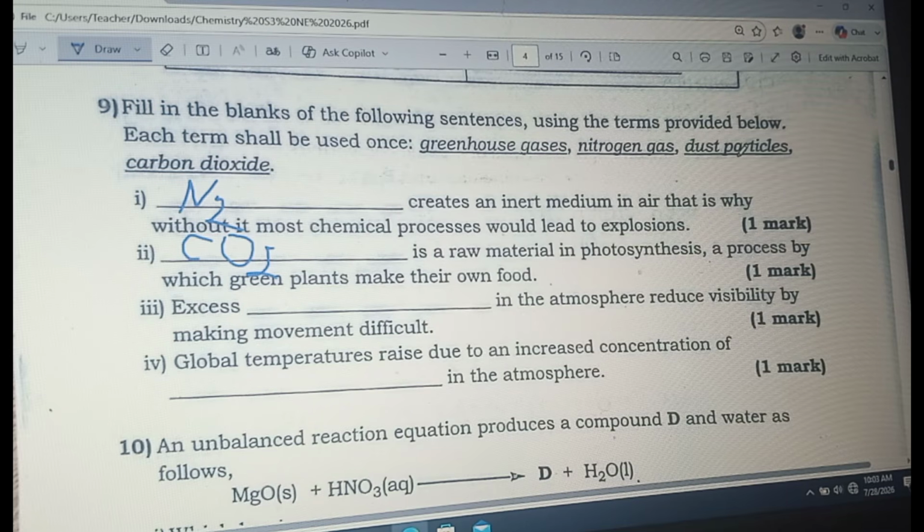This one is dust particles. 4, global warming is due to an increased concentration of dash dash, this last one, in the atmosphere. Greenhouse gas.